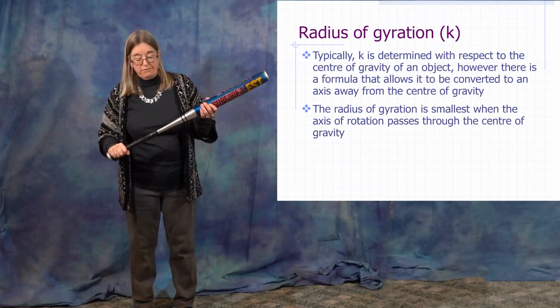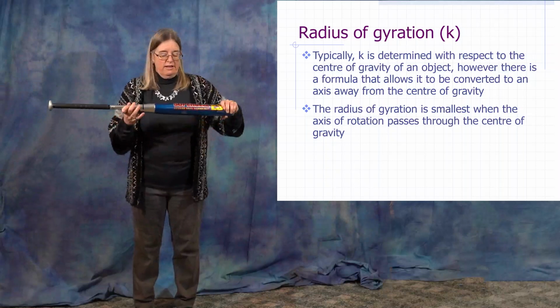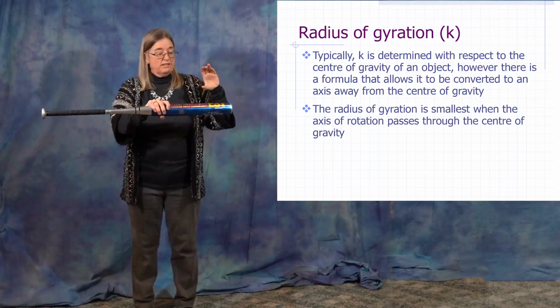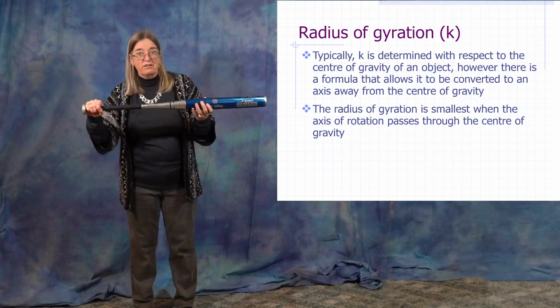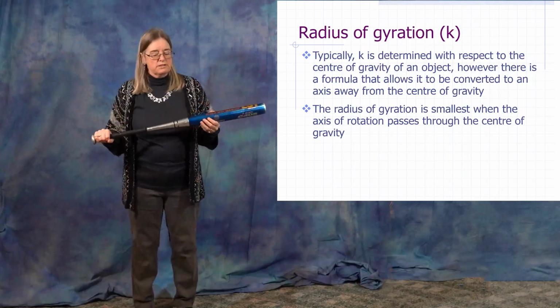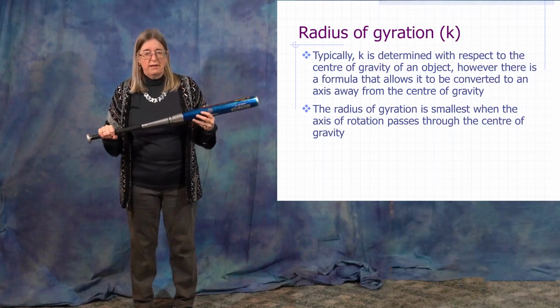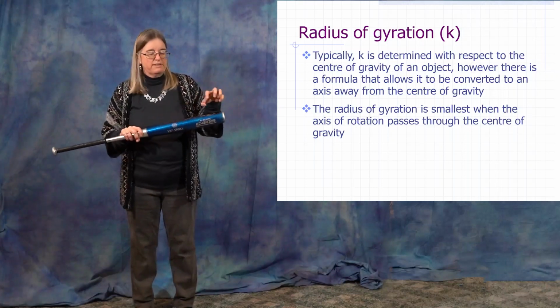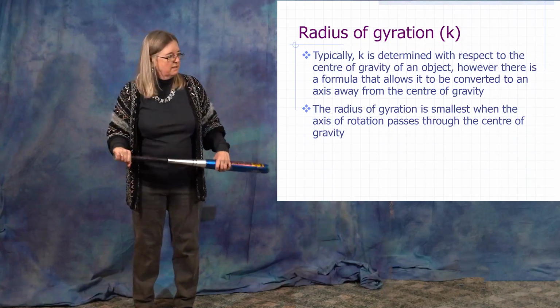Even with a bat, of course, it's harder here than it is here. This would be the easiest, this would be the next, and this would be the hardest of those three locations. You would have the same sort of thing with a hockey stick, depending whether you grabbed it at the blade end or the handle end.